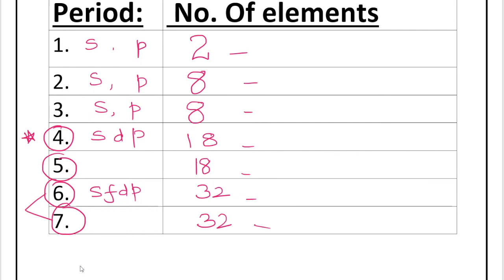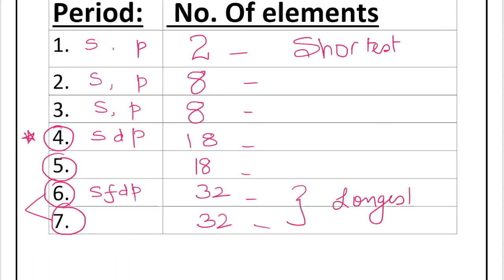So far, we just need to understand that this is a set of magic numbers: 2, 8, 8, 18, 18, 32. 2, of course, is the shortest period, that is period number 1. And as you can see, period number 6 and 7 are the longest periods. You cannot pick one from them. They are both the longest periods.